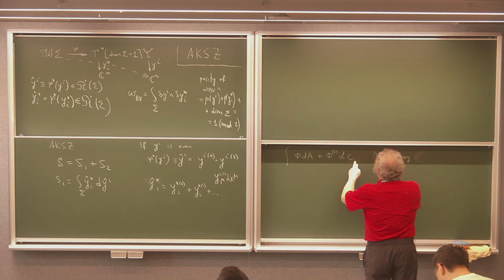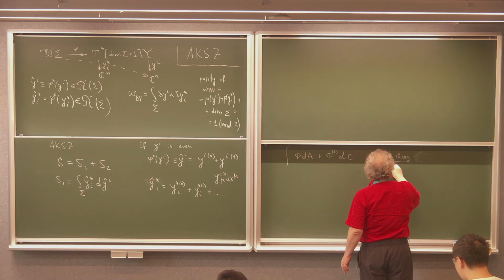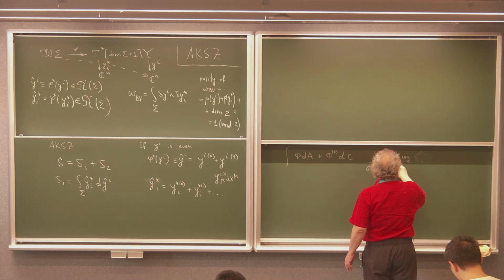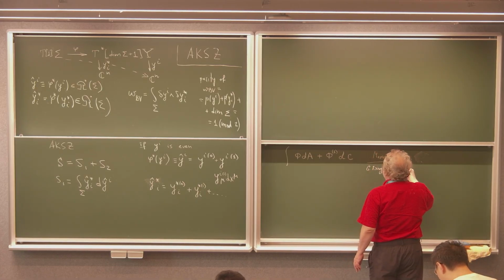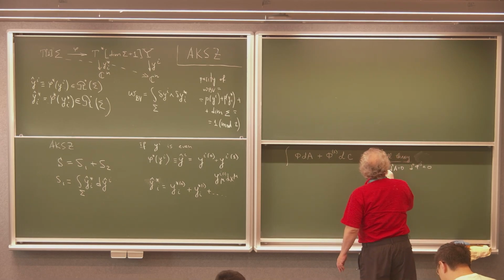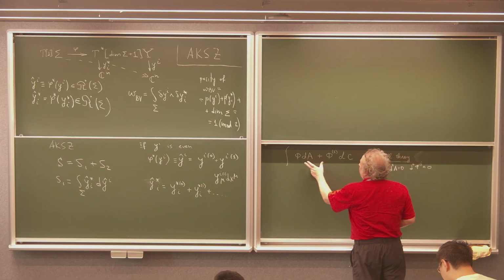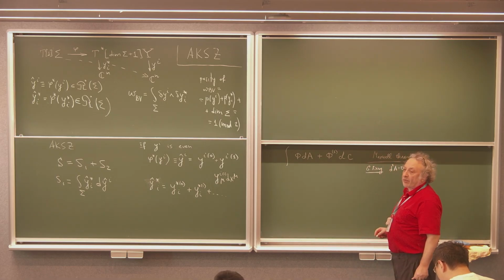And gauge fixing was star A equals 0 and B star phi 1 equals 0, the gauge fixing. Let us try to analyze the Maxwell field from this point of view.